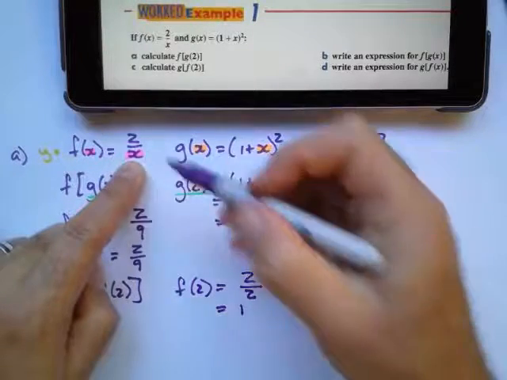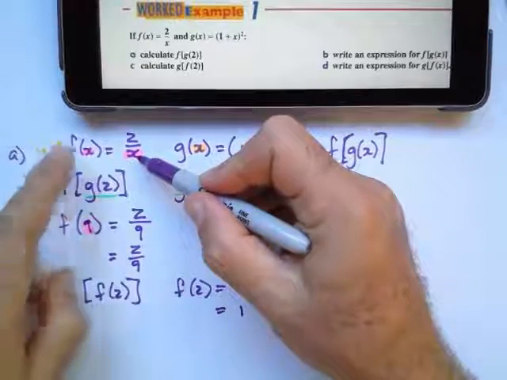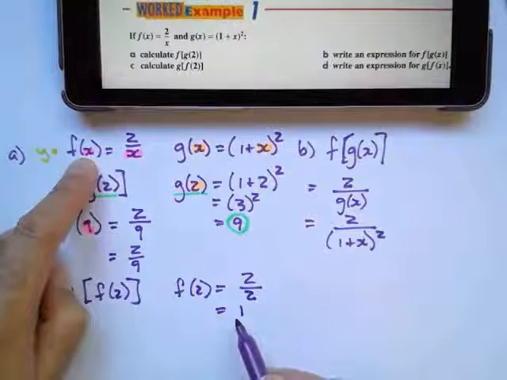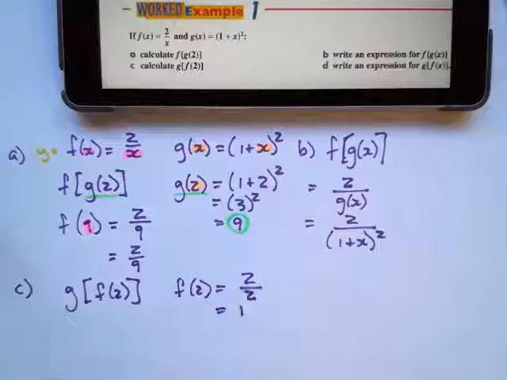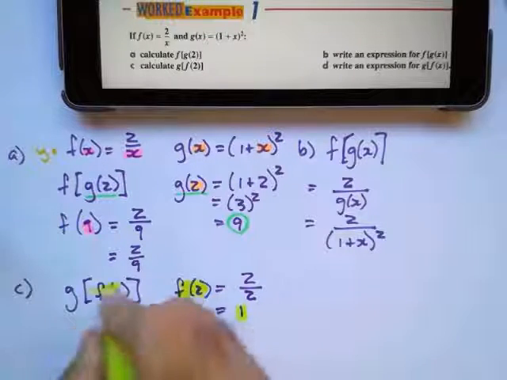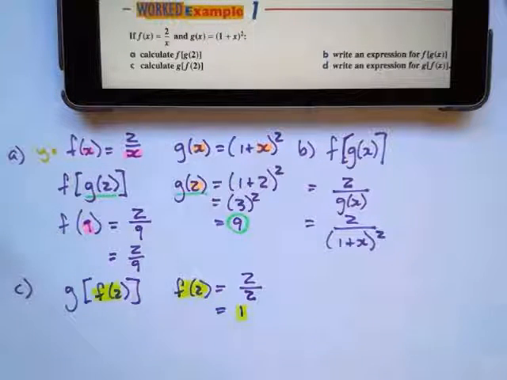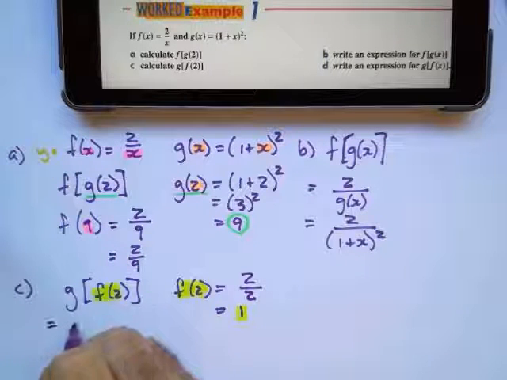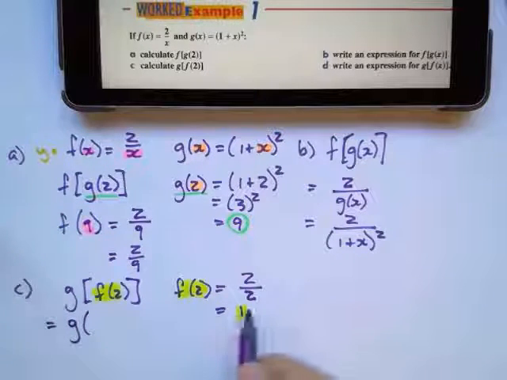Which means that if x is 2, y, or my function, equals 1. Now I'm going to substitute this value back into this function, which equals g of what, when this equals 1.